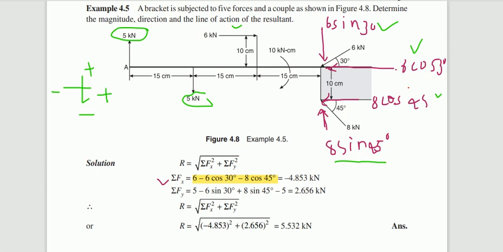So you can observe 5, minus 6 sin 30 because downward, plus 8 sin 45 because upward, and this is minus 5. You can find out the horizontal and vertical components.